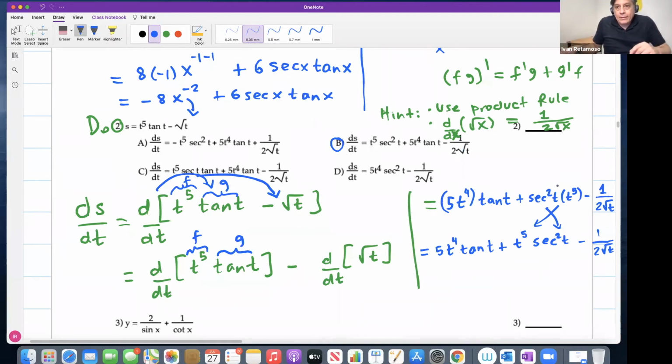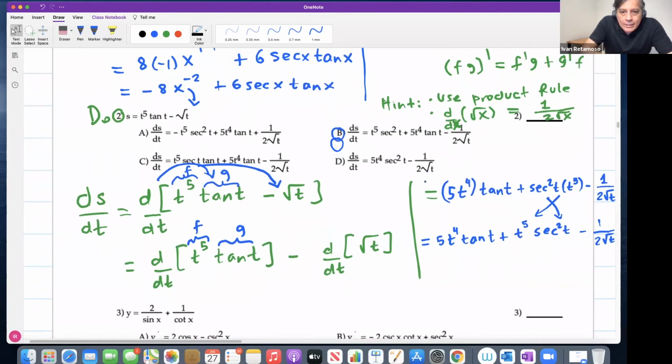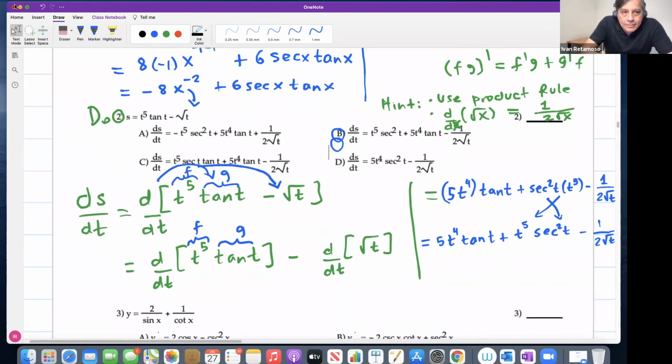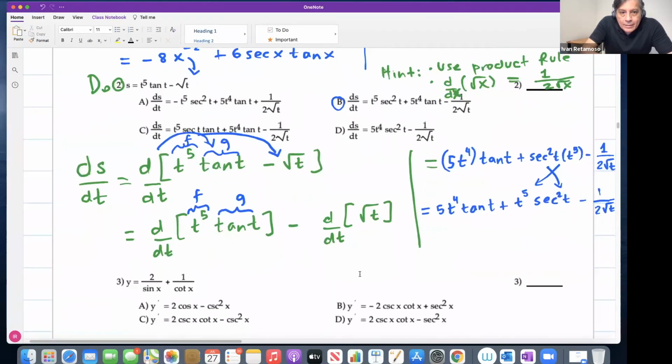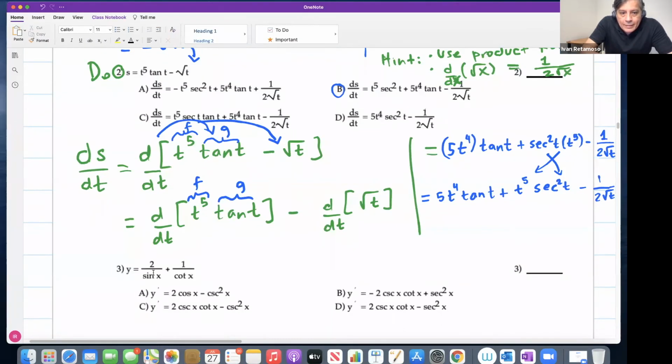All right, guys, this is there, and this is here at the end. Very good, very good. Now, let me show you guys what to do in case they give you something like this: 2 over sine plus 1 over cosine.